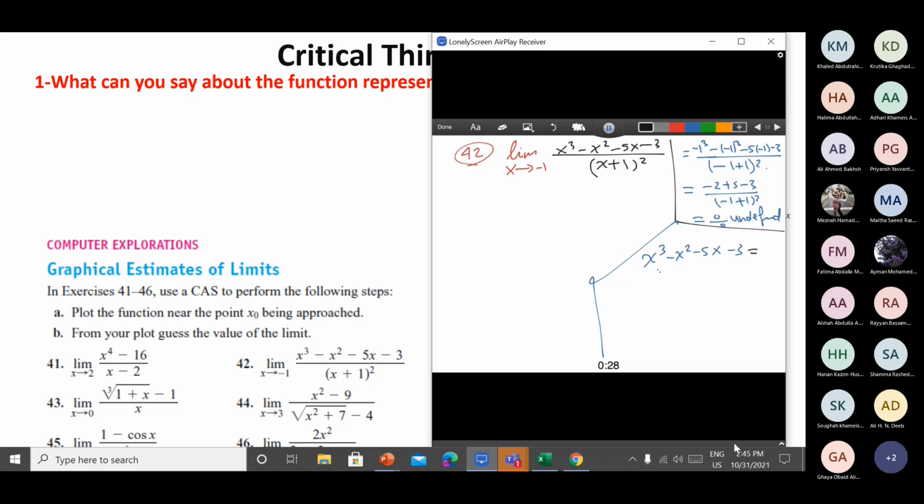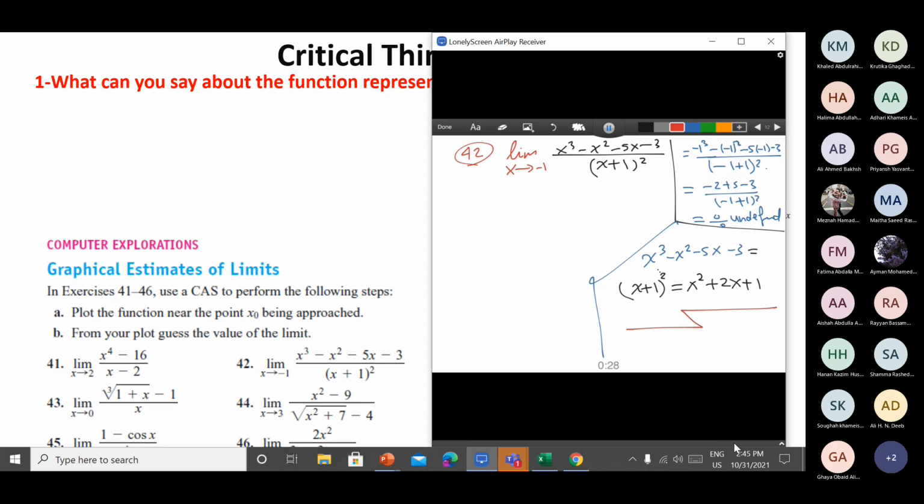Guys? Okay, no problem. If I don't know how to do this one, I know what x plus 1 squared means: it means x squared plus 2x plus 1, right? Okay, so I know this is a division. This one, exactly a division, right?